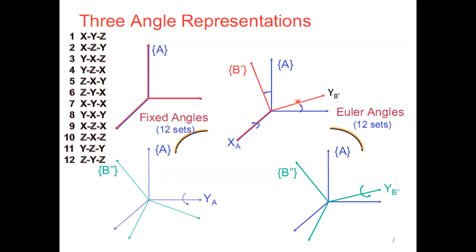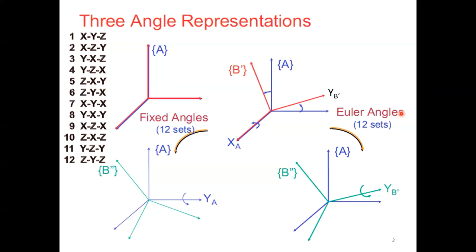But if you continue rotating around the red axes, red x, red y, and red z after this rotation, we call it Euler angles. The Euler angles are alternatively known as roll, pitch, yaw angles.